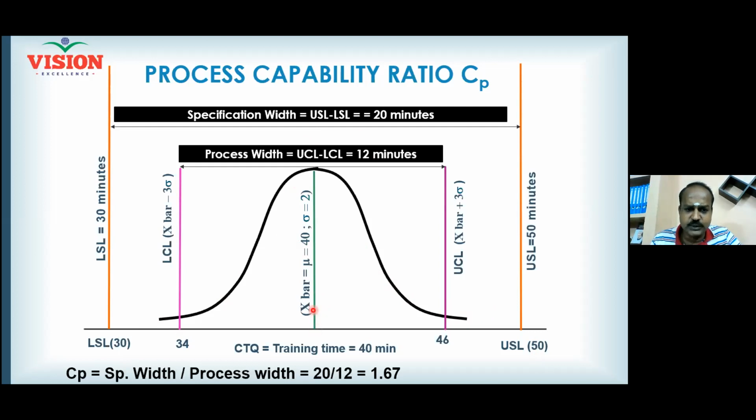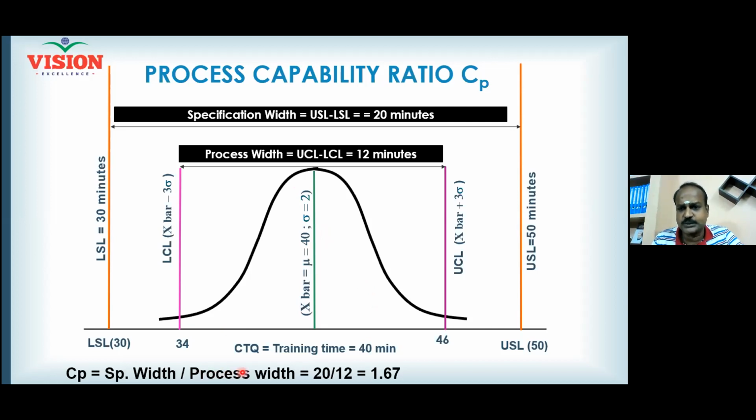Your X bar is also 40 and your sigma is, sorry, not 20, sigma is 2. As a result, your upper control limit is 46 and lower control limit is 34. This is sigma within. We are also going to understand the difference, how to calculate sigma within and how to calculate sigma between. We will discuss it thoroughly.